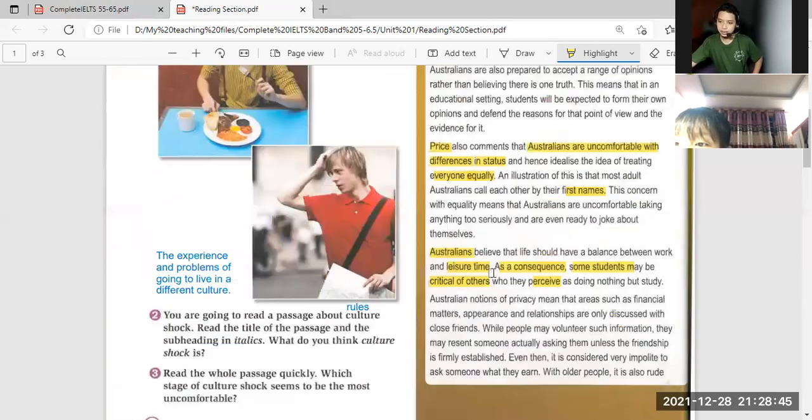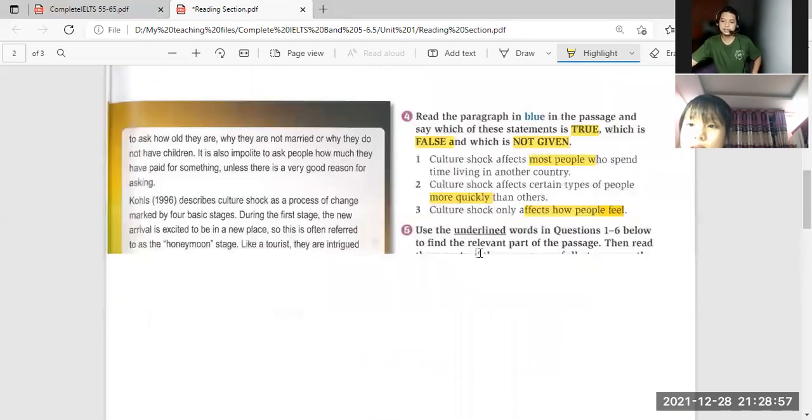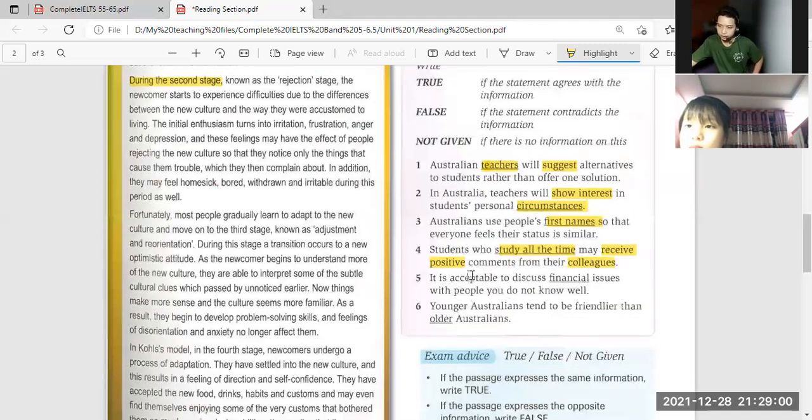But in here, it is said that some students who study, they will get critical of others, okay? It means negative comments, okay? Very good, Thuy. Next, number 5. Can you read number 5? It is acceptable to discuss financial issues.